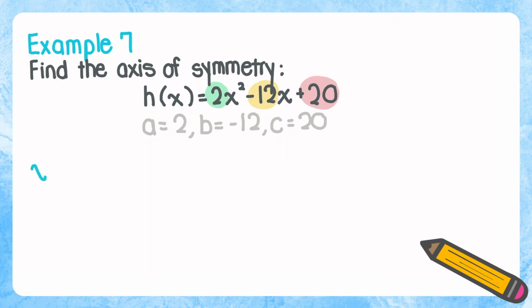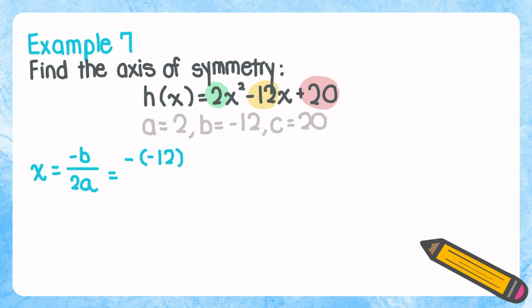Our formula is x equals negative b over 2a. So it'll be a negative, and then b is negative 12.